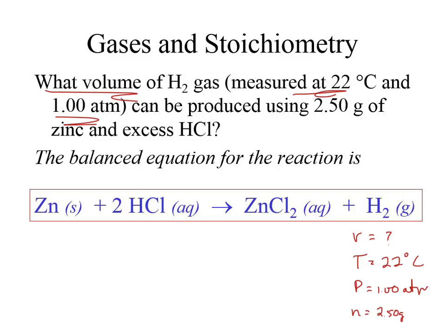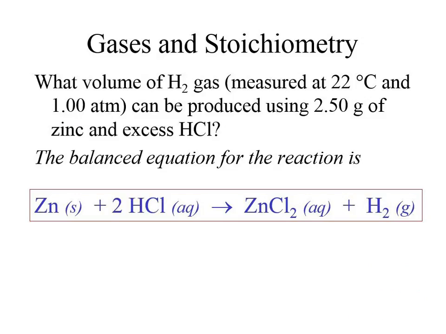So the problem goes on to say what volume of H2 gas can be produced using, are you serious? I can't believe I did that. Okay, oh, wait, go back. Okay, sorry, reading it again.